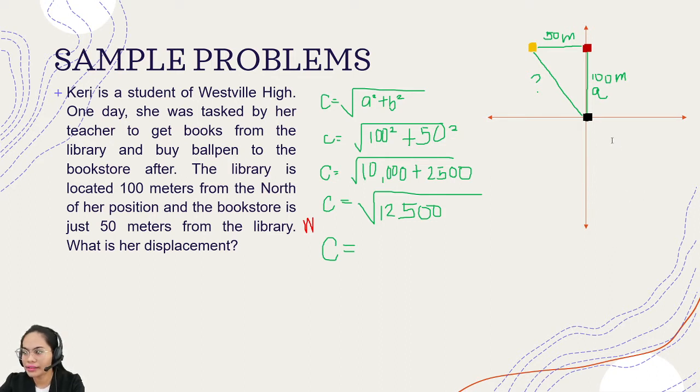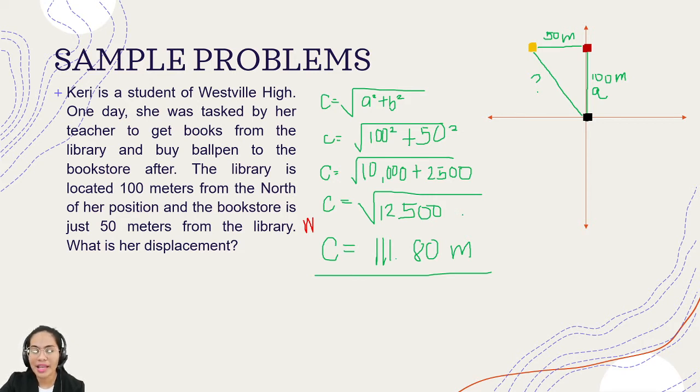Alright, ilan? That is 111.80. Am I right? 111.80. So, this is 111.80 meters. So, alin ang mas mahaba? Yung path ba niya from the original position added sa path niya from the library to the bookstore, which is 150, or mas mahaba itong 111.80?